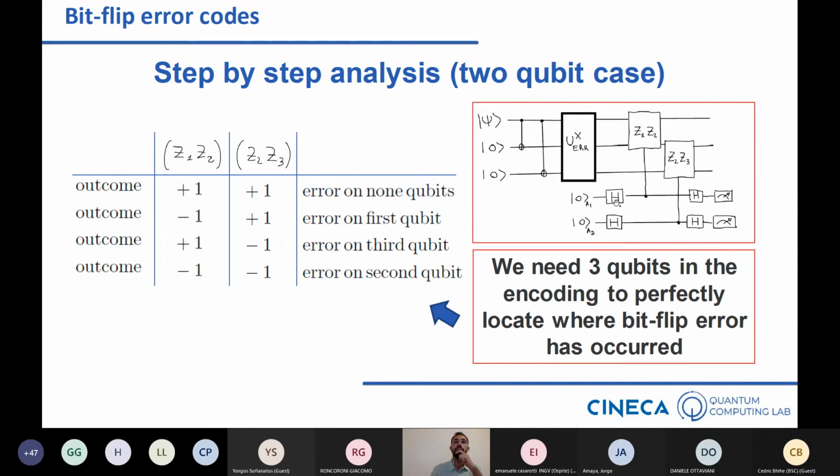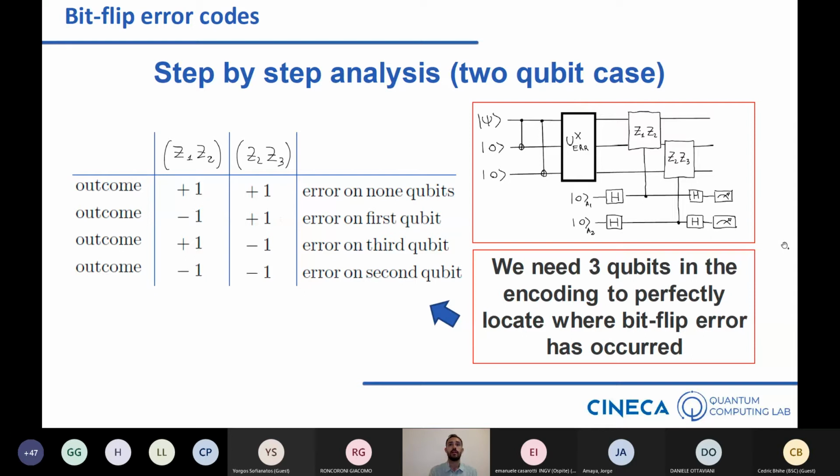So if the result of the first ancilla is +1, which means that the eigenvalues of Z1 and Z2 are +1, and the same happens for the other ancilla, whose eigenvector associated to Z3 is 1, we can conclude that no error has occurred.